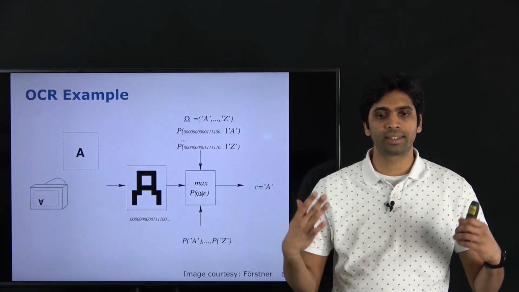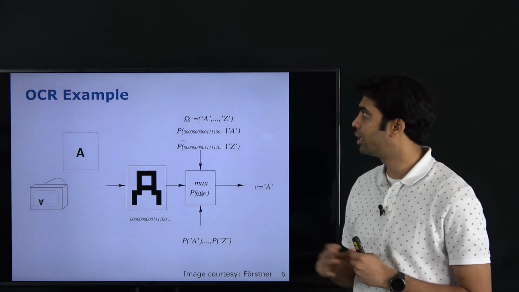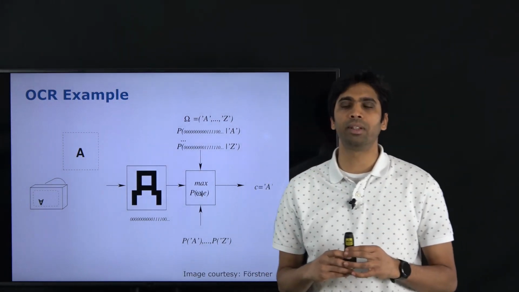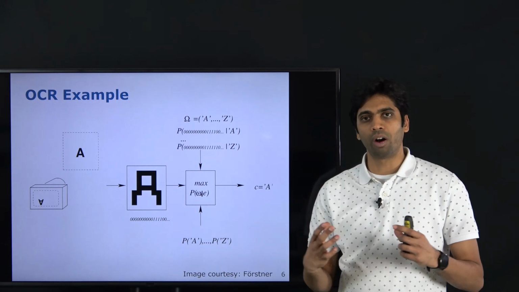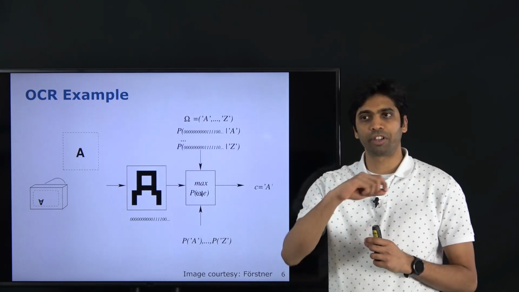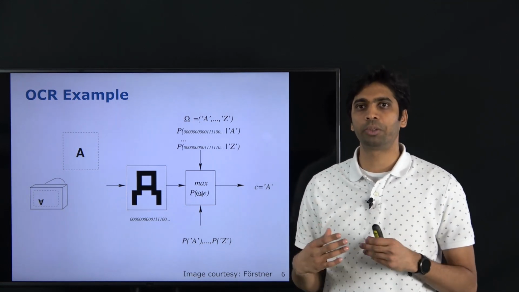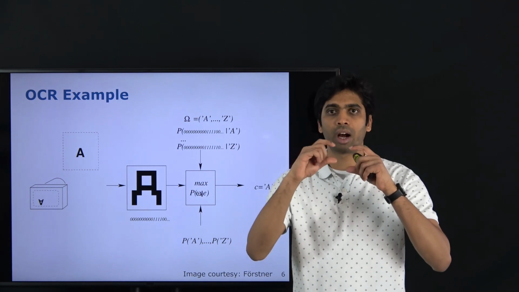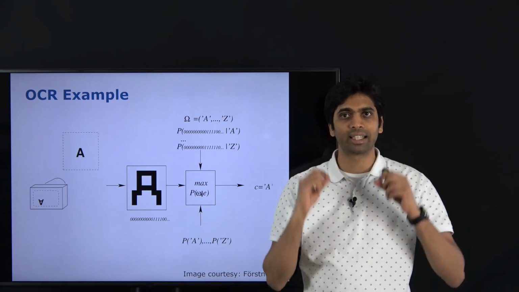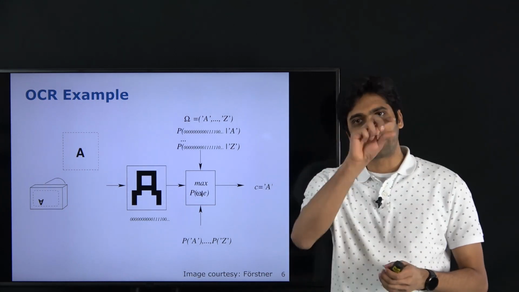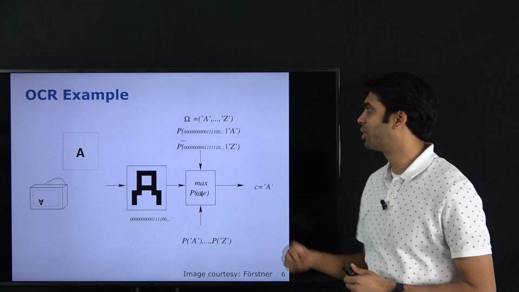So let's look at one more example, which is a rather traditional or classical example, also called OCR, or optical character recognition. If you have written letters to your friends, you know that parts of this are actually automated, in the sense that, for example, if you write the PIN code at the bottom of your letter, these are often not read by humans, but rather by machines, which try to figure out what those numbers or letters are by scanning that region of your letter and figuring out what those characters are.